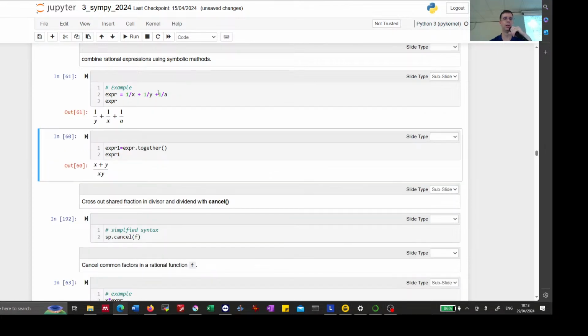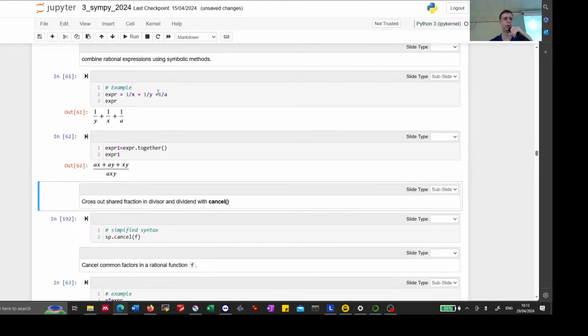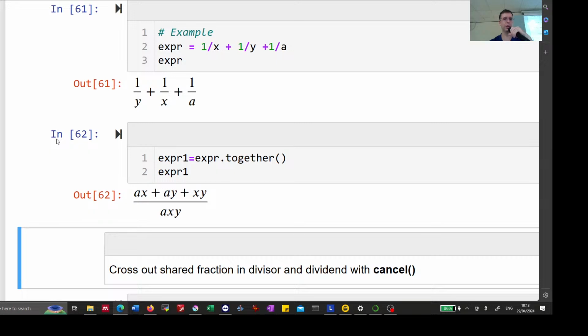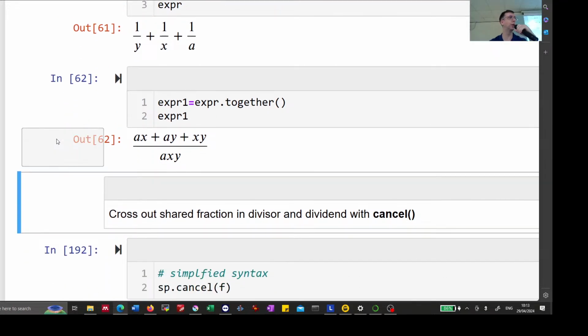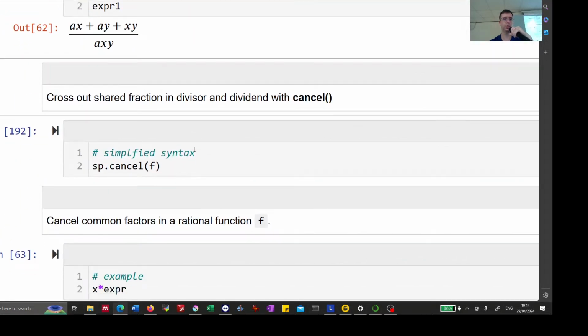Well, a little bit more work. Works the same, however. Then Python should be able to do this as well. Let's wait and see. Magic. Okay, so it works, right? And even more complicated expressions you will be able to handle like that. So far, so good? So together.